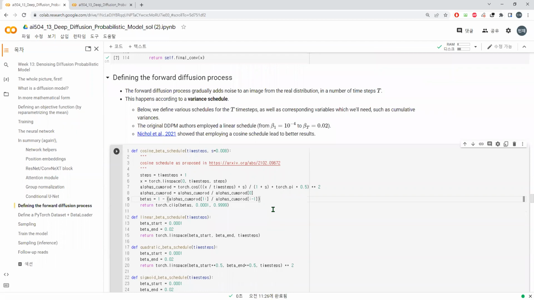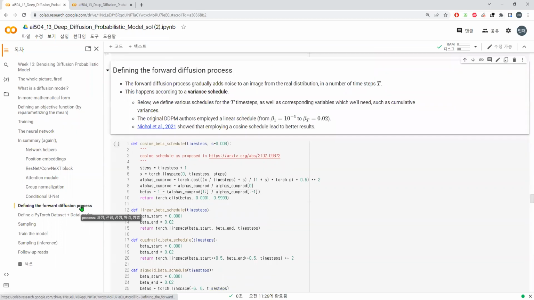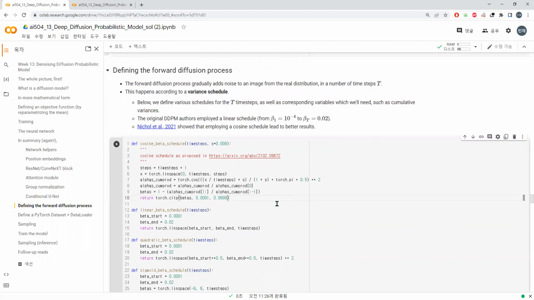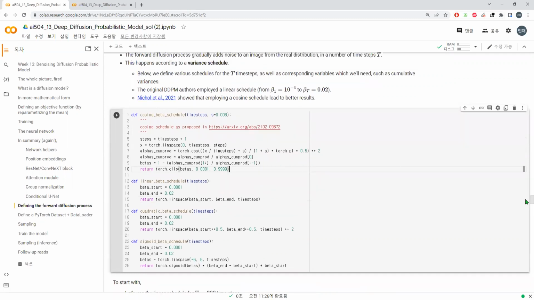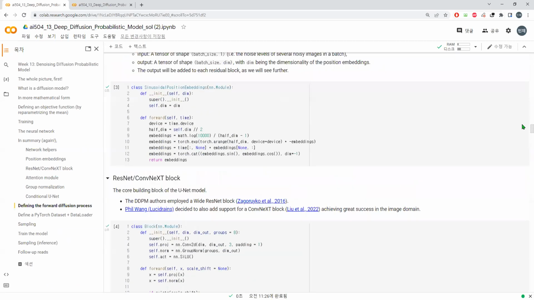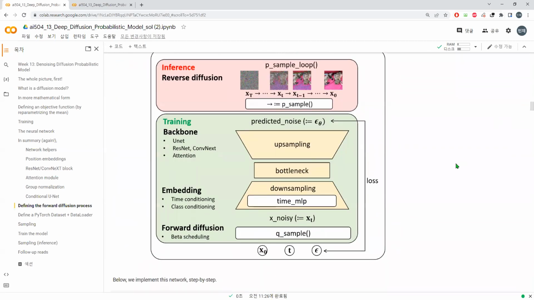Okay. This is the forward diffusion process, which is important in the original DDPM paper. But this block is just for scheduling. As I already covered, you can schedule the forward diffusion process.